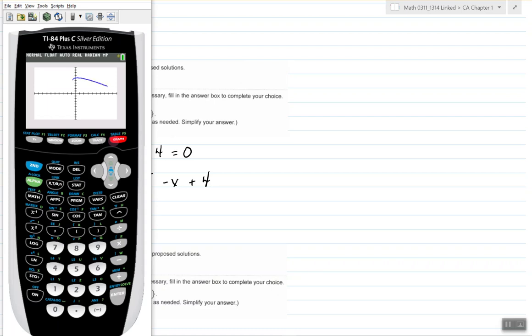All right, there's a different branch. The issue that I have is that this branch is headed down and it's going to intersect the x-axis, but it's outside my viewing window. So what do I need to increase? Window. I need to increase x max. The right hand side is x max. So I'll just change it to 20.